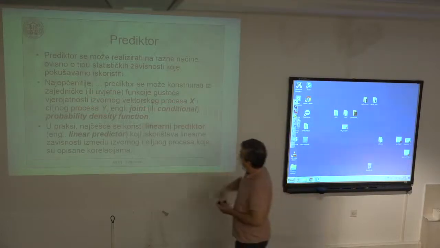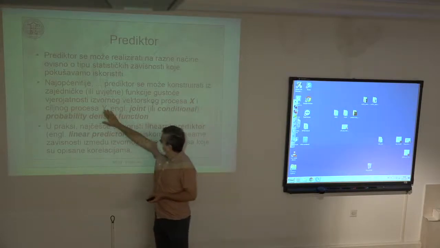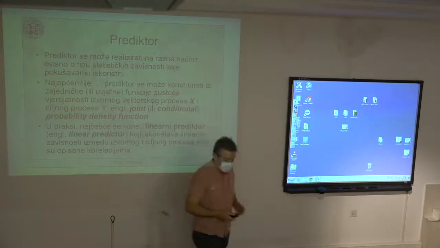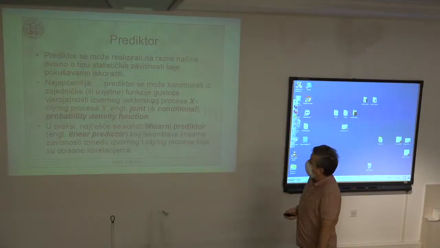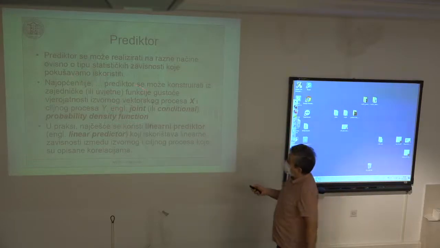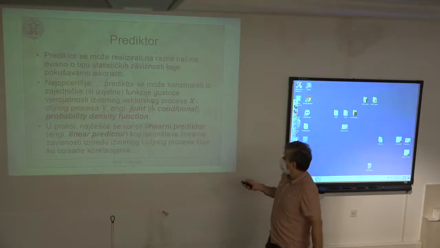So the source vector process x and the target process y have a joint probability, and they also have a conditional probability density function. This conditional probability density function describes the dependencies between individual components of the source vector and the target scalar value.